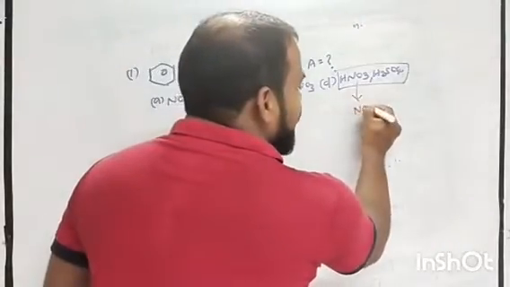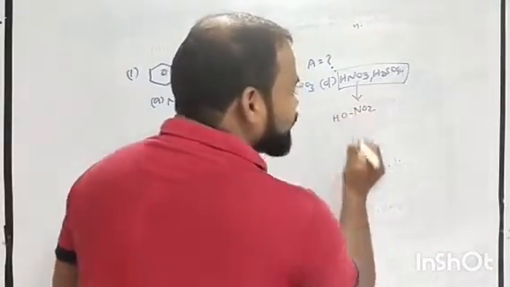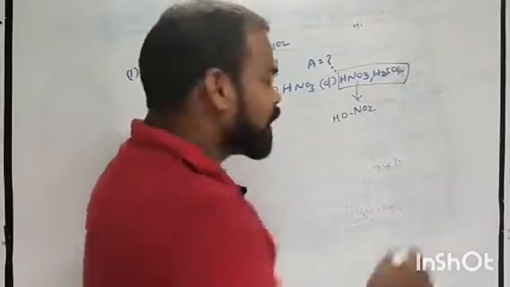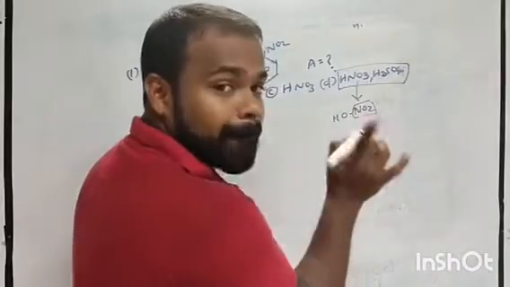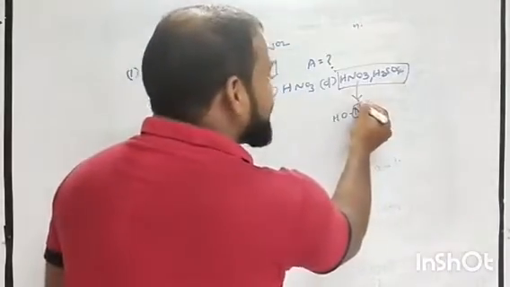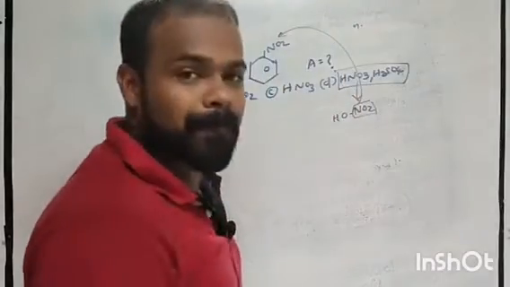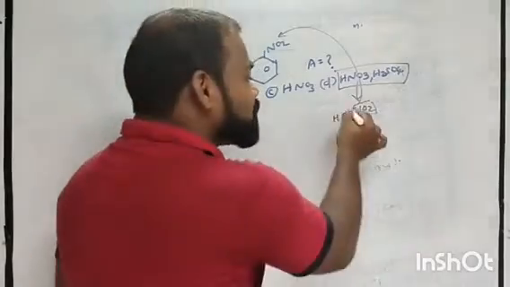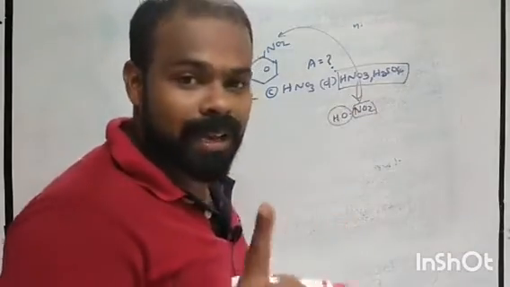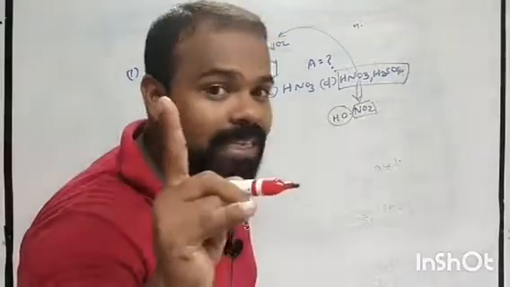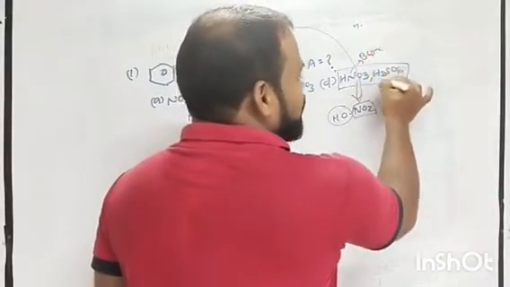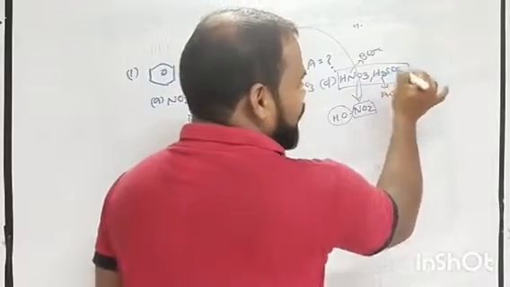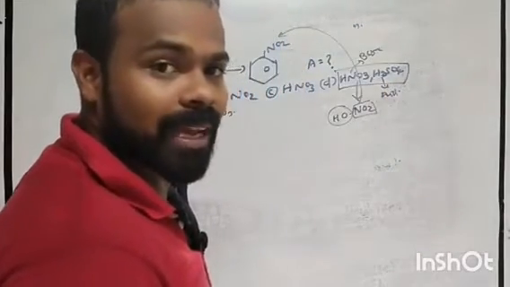When I take NO2 out, OH remains. Only NO2 is required and added here. What I removed from there is OH, and when a compound has lost OH, that is a base. So HNO3 is a base here, and H2SO4 acts as the acid. Don't forget. Okay, clear all of you?